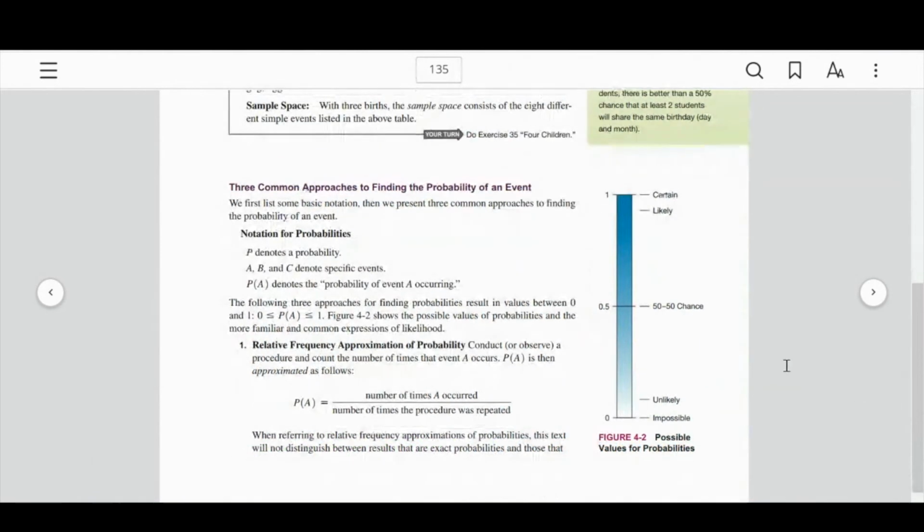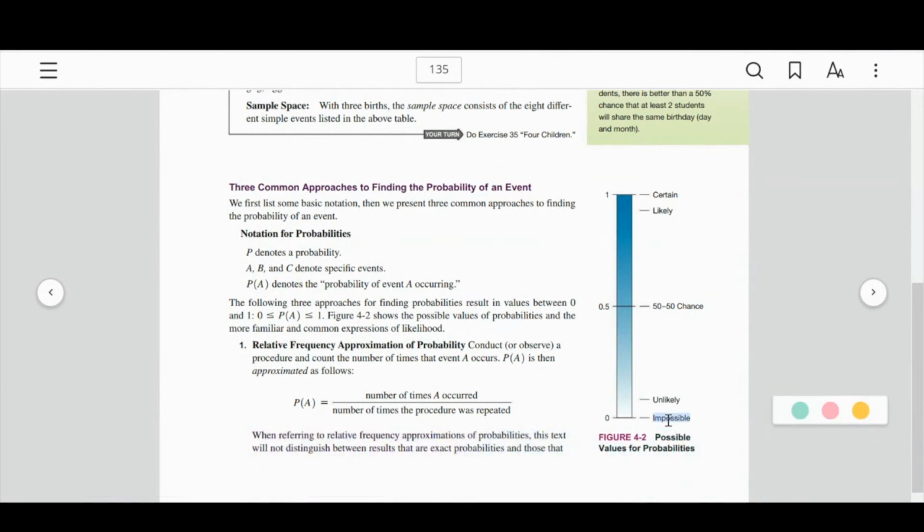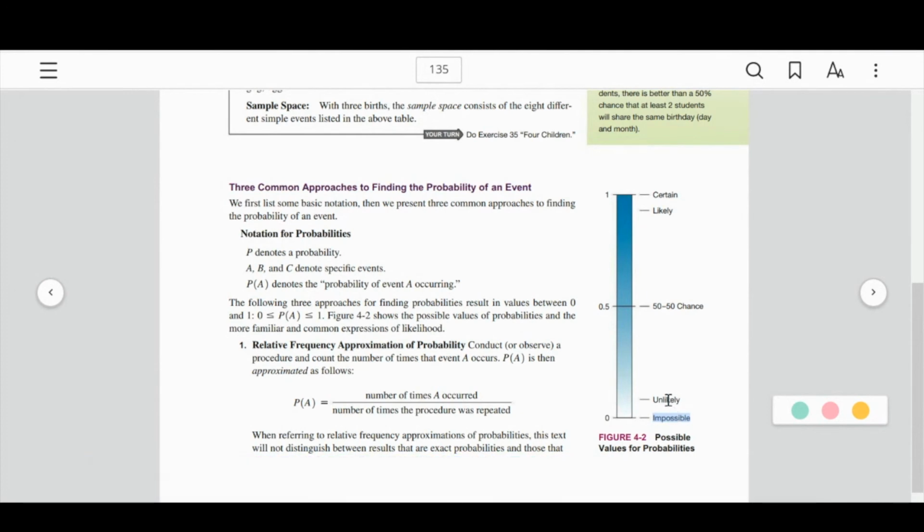Okay, 3 common approaches. So here's the chart. I kind of like this chart and I kind of don't. Probability 0 has the term impossible. That's the one I kind of don't like because impossible things do happen every day. There are things that have probability 0 and they happen every single day because there's variation in things, and there's that much variation.